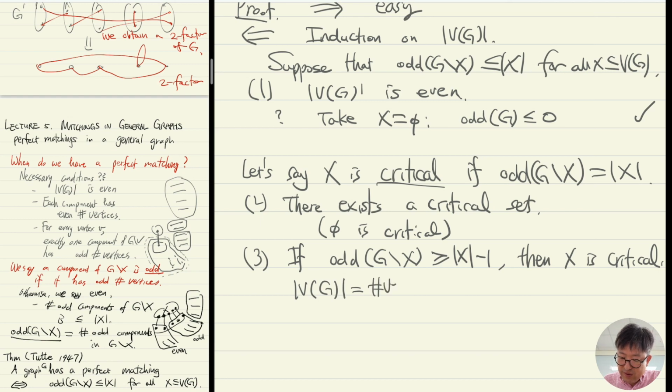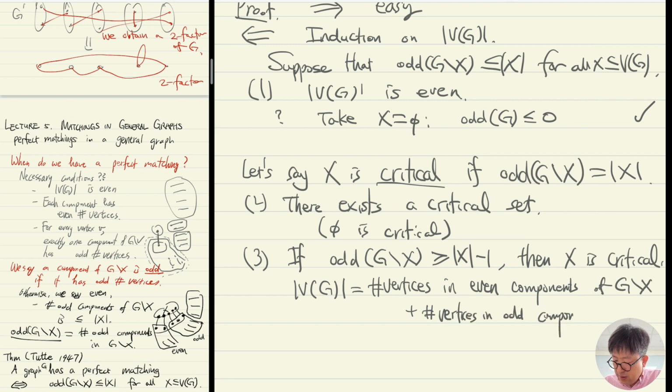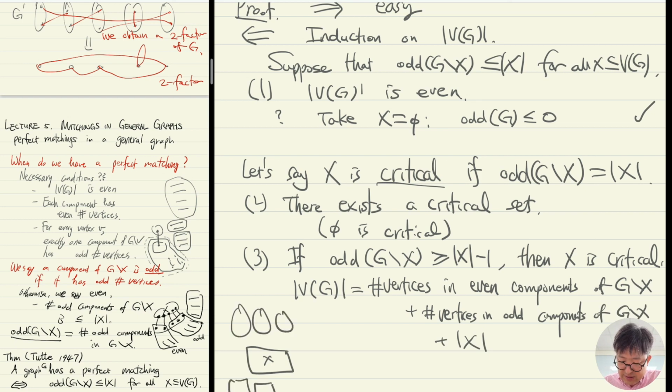Well, that's the number of vertices in even components of G delete X plus the number of vertices in odd components of G delete X plus X, right? So you have X, you have even components and odd components. And the total number of vertices is this.